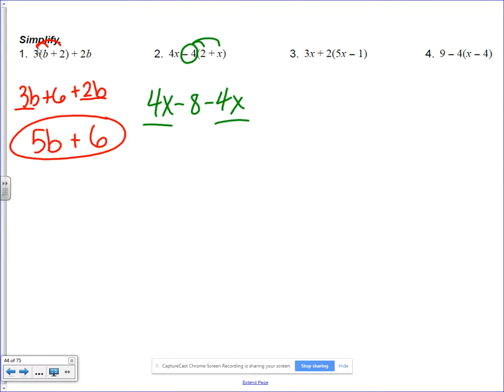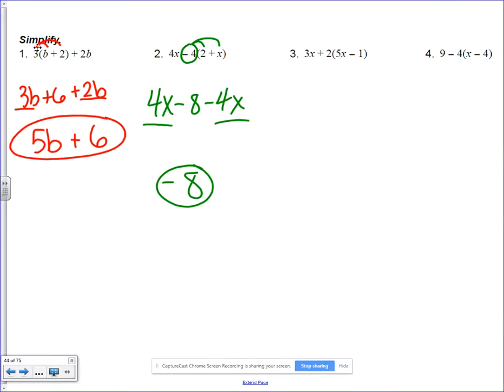What do you get when you put them together? 4x minus 4x is 0. Am I going to write the 0? Am I going to write an x? No, they are gone. Poof, they disappeared. What's the only thing that's left? The constant of -8. Do not write the 0. If you write an x, that means there'd be a 1 in front of it, correct? And there's not one of them, there's 0 of them, so we're just not going to write it.